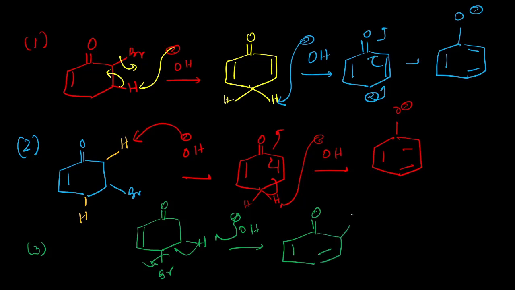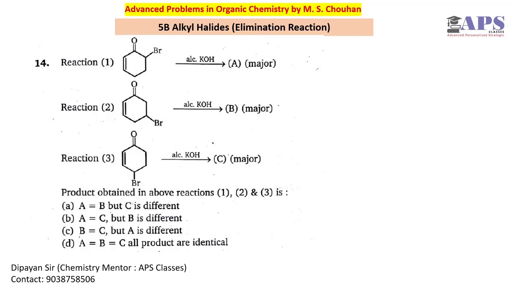Same thing, these two hydrogens are again acidic, so OH minus will approach this, and the final product is this one. So in all of them we are going to have the same final product. So all products are identical, A, B, C, will be the correct option.